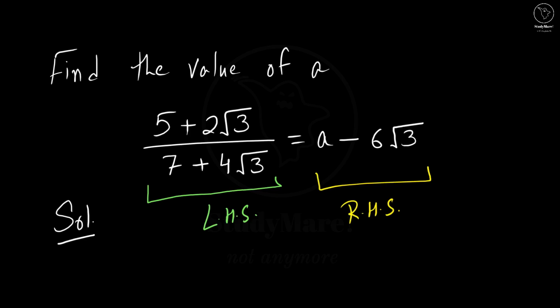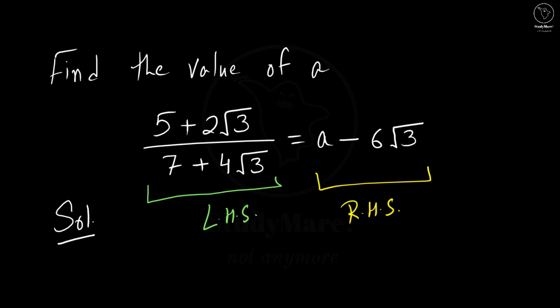So, if we pick up LHS and start simplifying it, simplification here means rationalizing the denominator because we have a root in the denominator. Once we rationalize the denominator, we can reduce LHS to a simple form and then compare LHS and RHS to see the similar terms and thus find the value of A. So that is the way out and that is our trigger, the way we have to start solving the question.